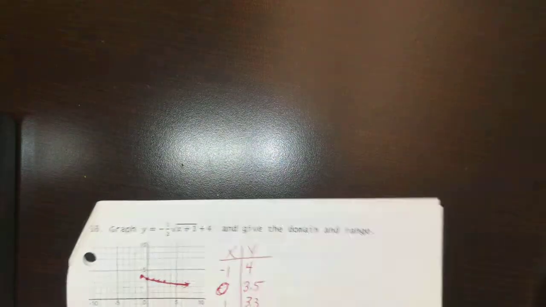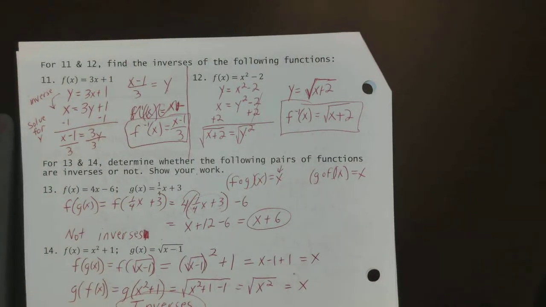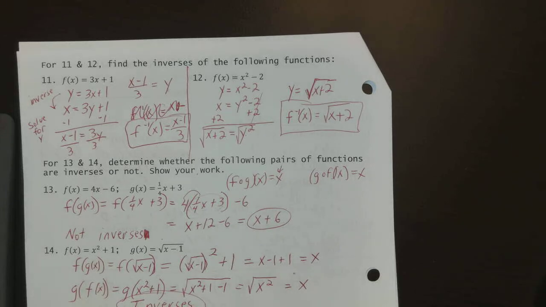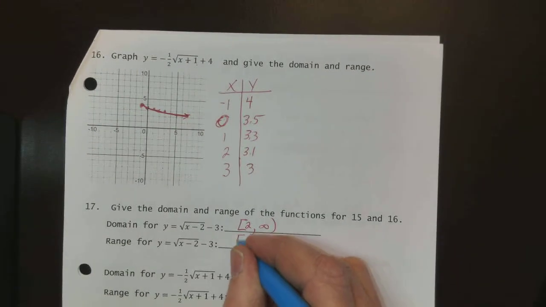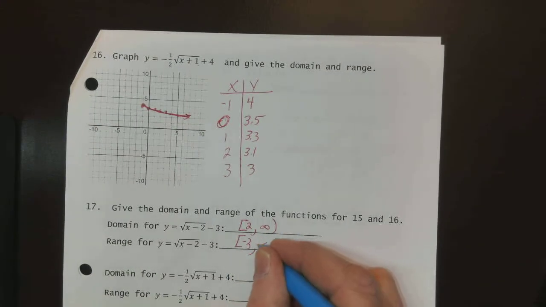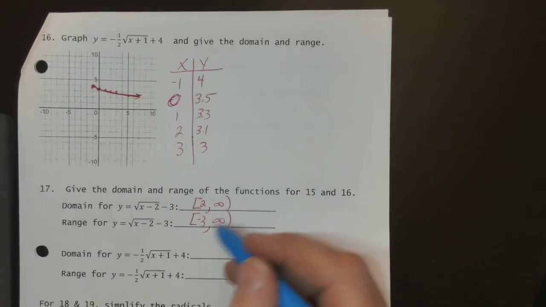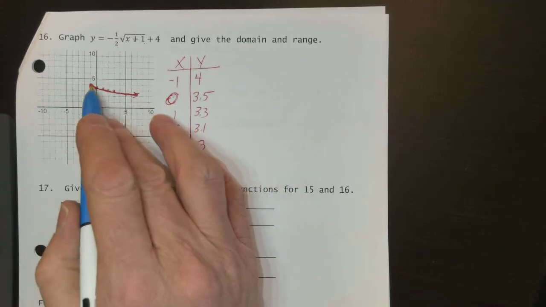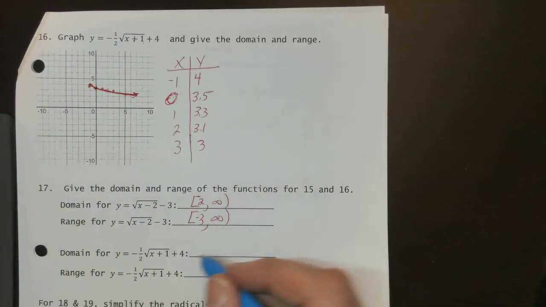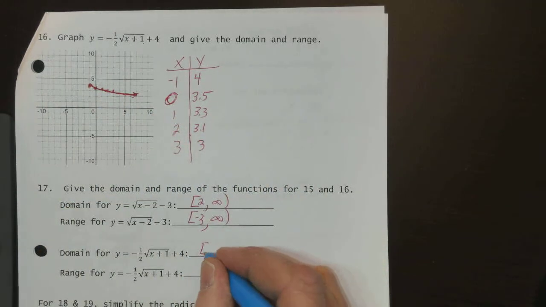Now the range is y, and if this is the beginning point, this is the low point, negative 3, to infinity.